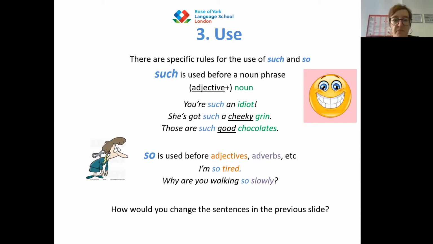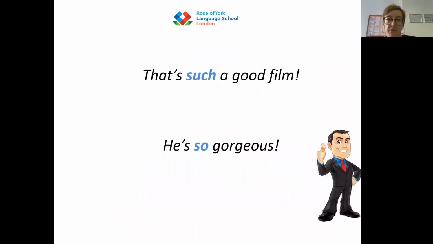Good. Now, if you remember at the beginning, we had two introductory sentences. They're here. "That's such a good film, and he's so gorgeous." Now, if we wanted to change the first one, "that's such a good film," and use "so," how would we change the sentence?